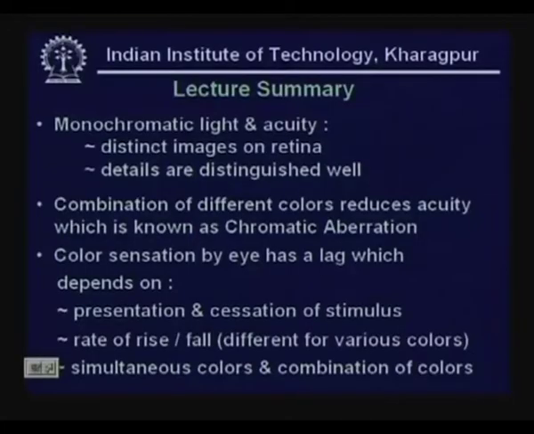The error due to this is what we call chromatic aberration, and there is a certain time lag for sensing the colors, and this depends on the way it is presented, the way the stimulus is removed, and it is different for different colors.